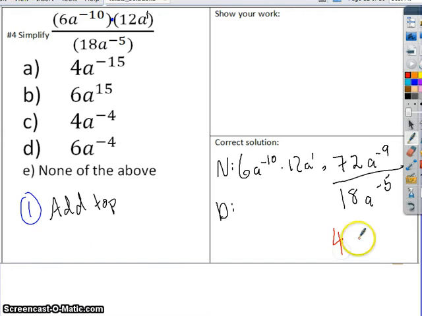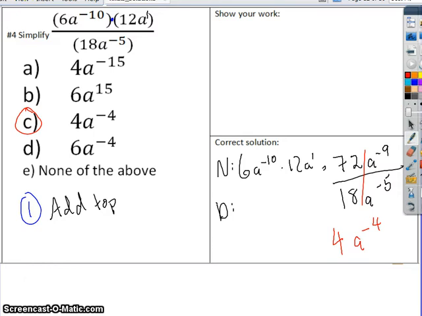And then a to the negative 9 minus negative 5. Again, I can use the calculator, but that's a keep change, and I get negative 4. So that's 4 coming from the 72 over 18 and negative 4 coming from negative 9 minus negative 5. Use a calculator if you want to double check that that's equal to negative 4. And so my solution is C.